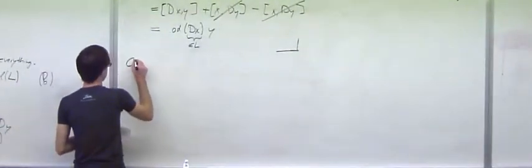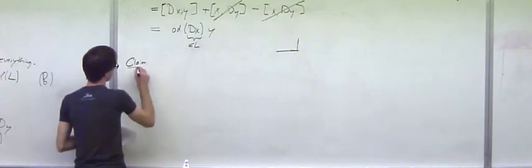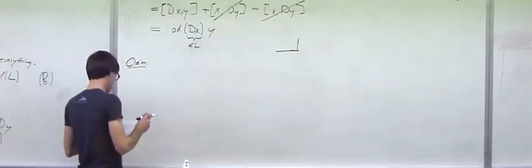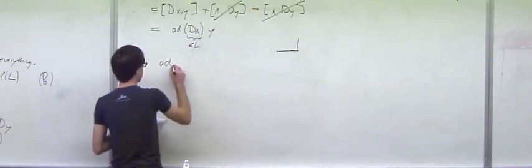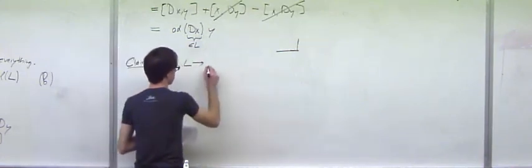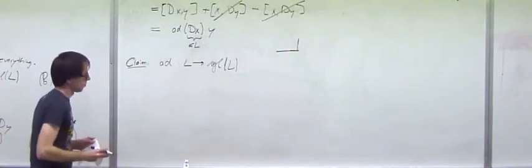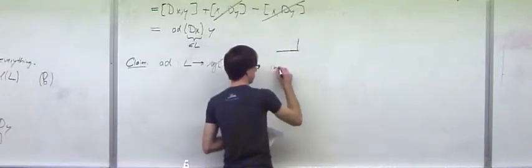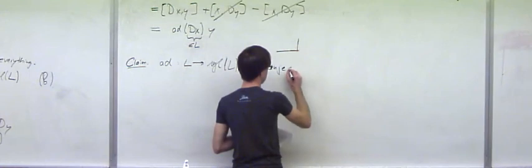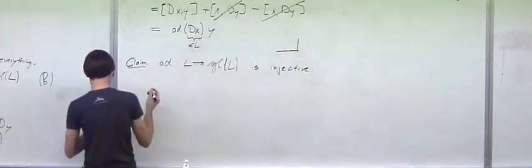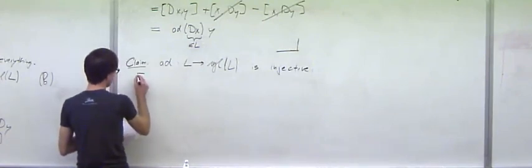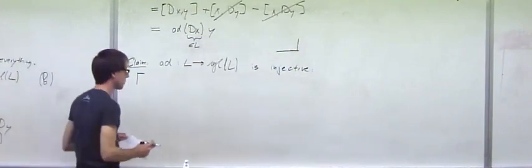Next claim is that this ad map, which takes L to gl(L), linear operators on L, is injective, so one-to-one. So how do we show that something is injective?